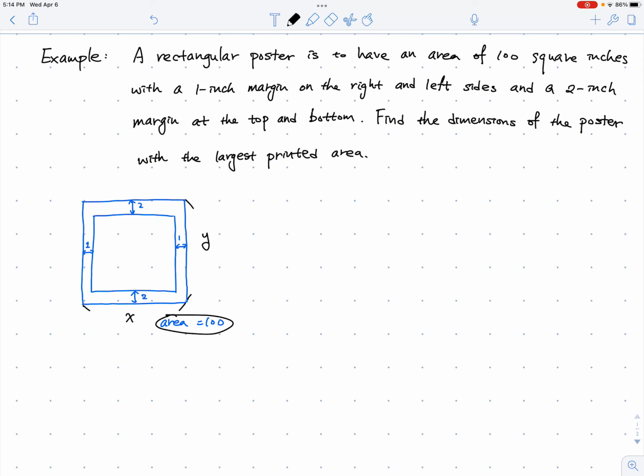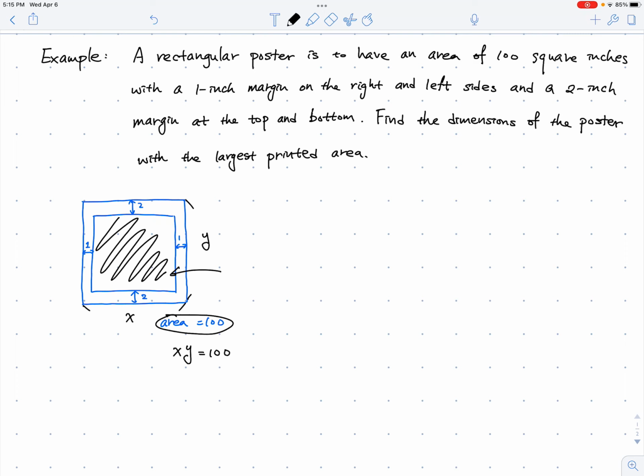So now with setting the base and the height being x and y, the area is x times y equal to 100. Okay, so you have this restriction, x times y being 100. That's the size of the paper. And you also want to make sure you leave the margins as instructed. So now the printed area, that's here, that would be what?